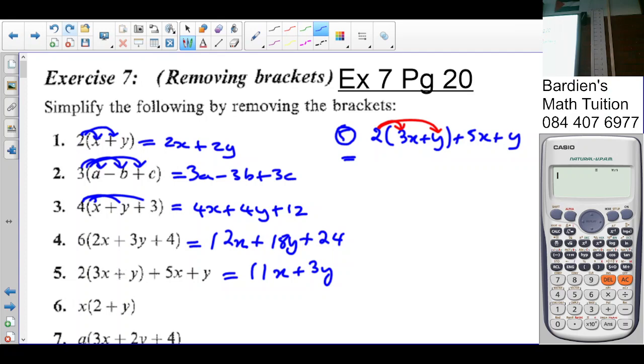So let's go, what do we get? 6x plus 2y plus 5x plus y. So what do we do now? Like terms. That one and that one's a like term, and those two are like terms. Not so? So what is 6x plus 5x? 11x. 2y plus y? 3y.